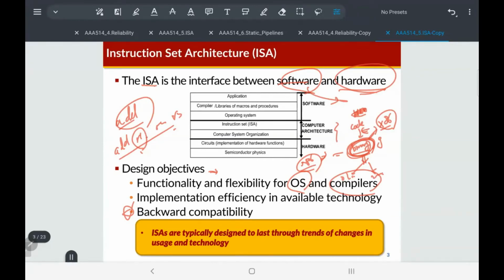This is called backward compatibility. Once binaries are generated by some compilers, all kinds of processors that support a certain ISA need to run these compiled binaries. Backward compatibility is also important for commercial ISAs.